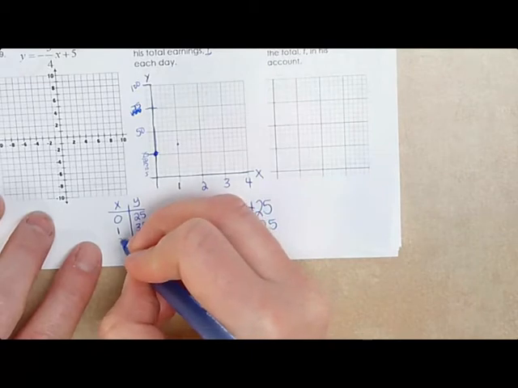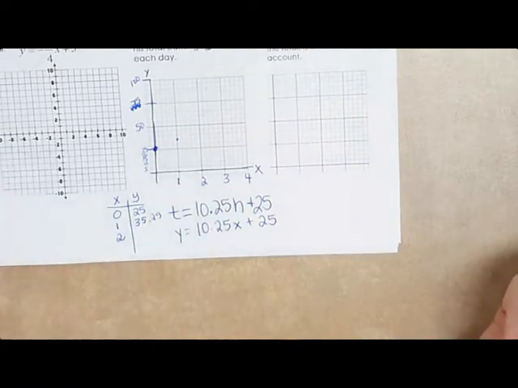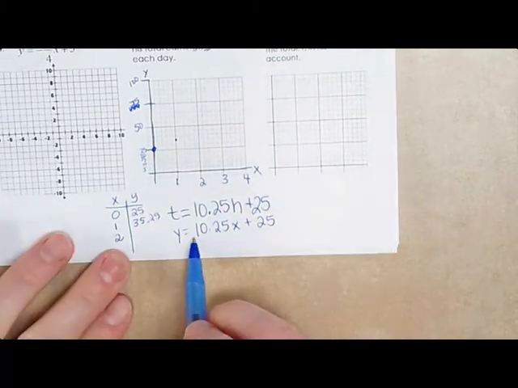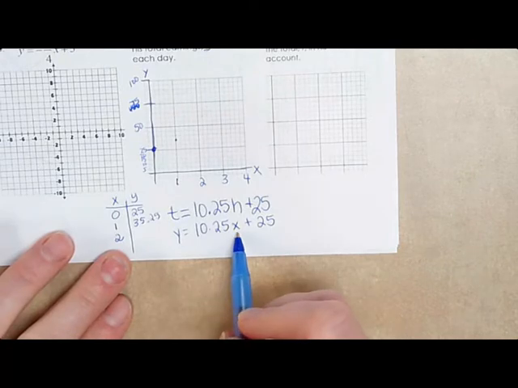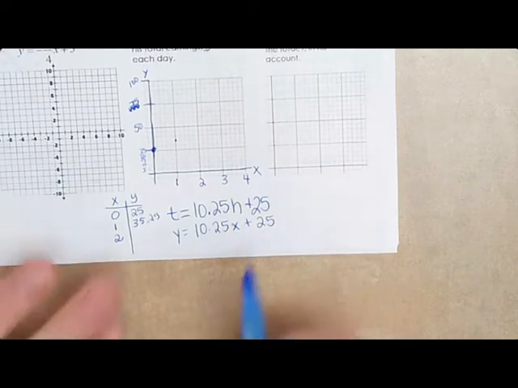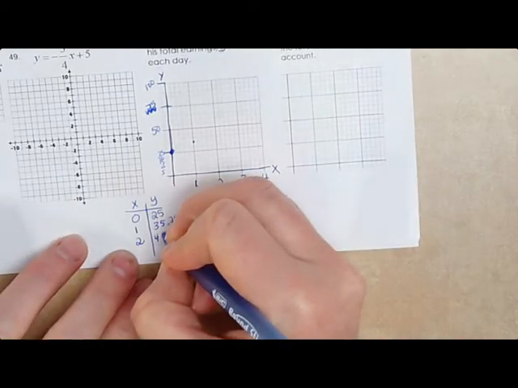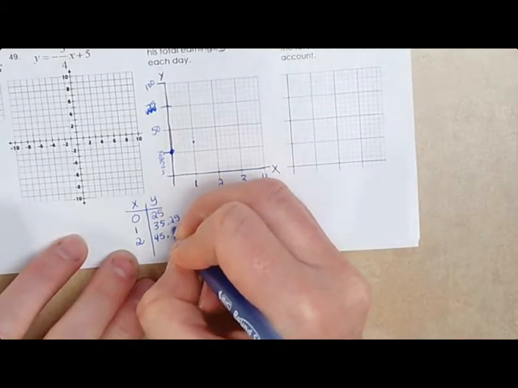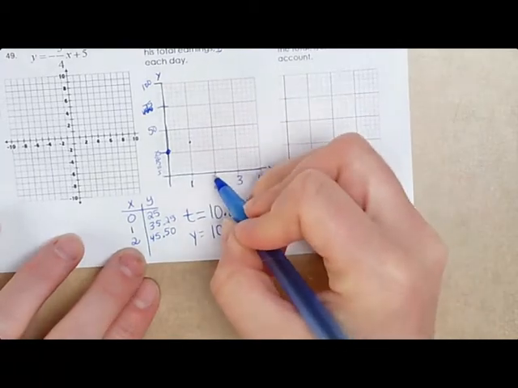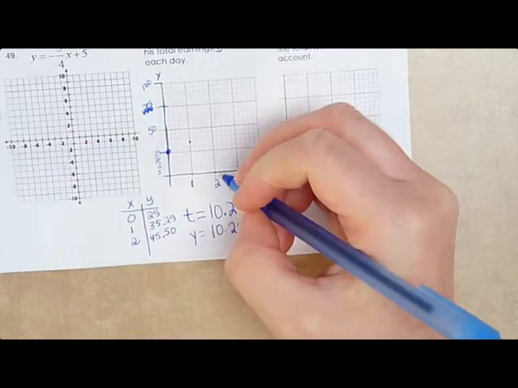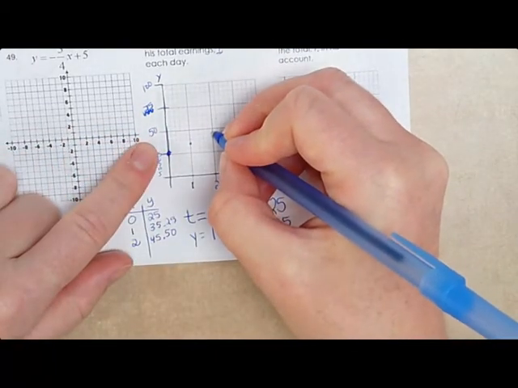And then what would 2 be at? If we have 2 hours, 2 times 10.25 plus another $25. 45.50. Okay. So we'll graph that one. So that'd be about right here.